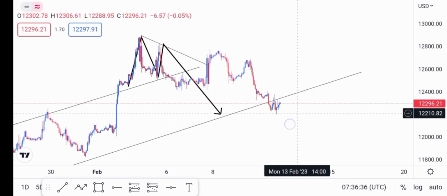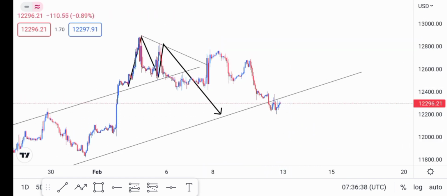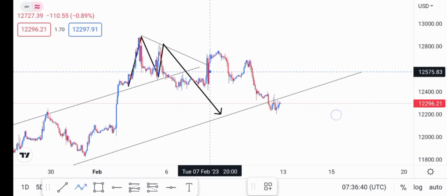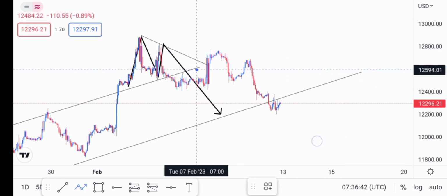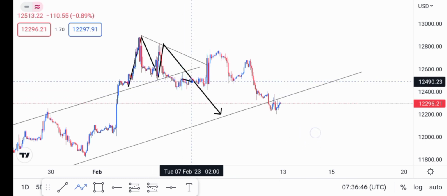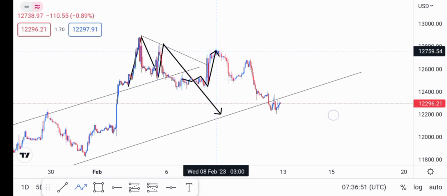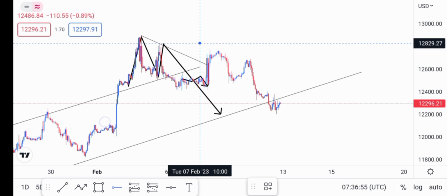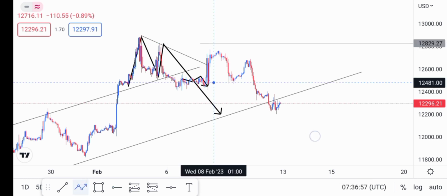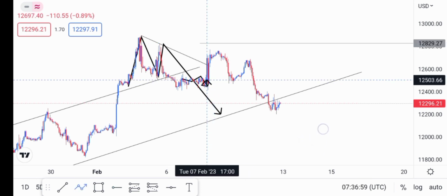So by the looks of things here, NAS100 did go according to our setup, because it did come back starting from this point here, made a bit of corrections, playing around this area here, and bear in mind it did not touch this area here, so we're safe.